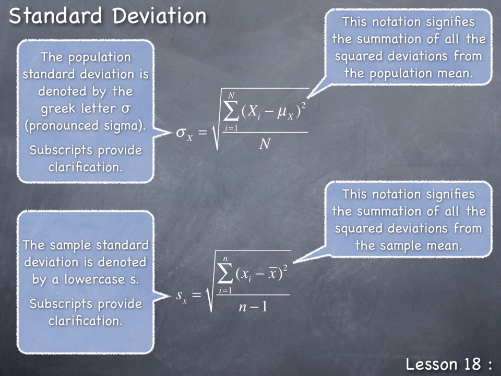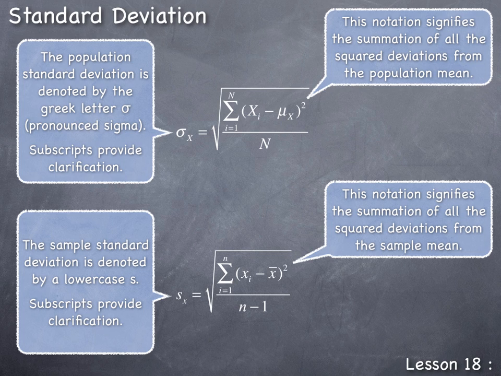The capital X minus mu is the actual deviation that particular data value is from the mean. In the sample version, we have the lowercase x representing the sample data values minus x bar, the sample mean. Again here, the x minus x bar is the actual distance or deviation the data value is from that mean.